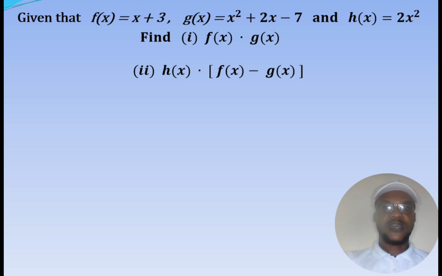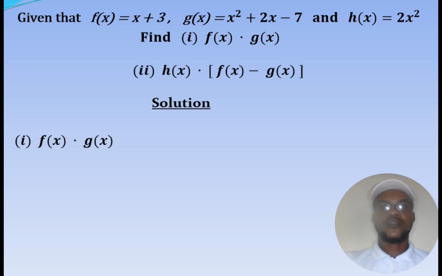Also, we are to find the product of h of x and the difference of f of x and g of x. These are also basic multiplication of polynomial functions, so we are not going to waste much time. Let's take our first question, that is f of x multiplying g of x.